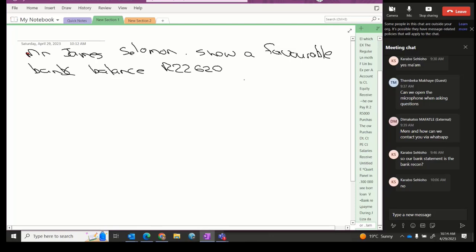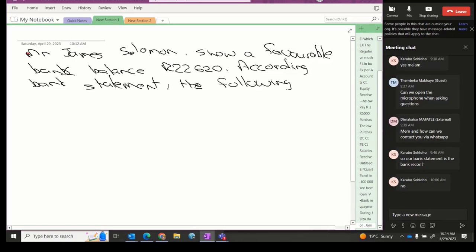So they give you this bank balance, then they say, let's start anew, according to the bank statement, the following must be taken into consideration.